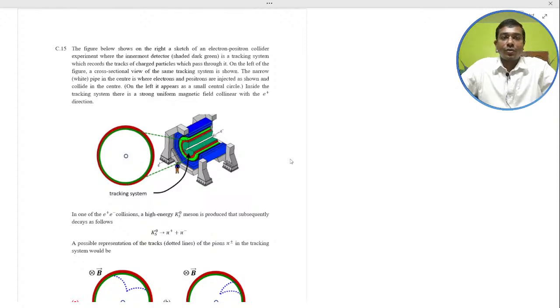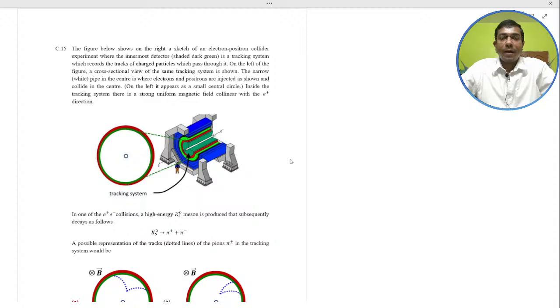The figure below shows on the right a sketch of an electron-positron collider experiment where the innermost detector is a tracking system which records the tracks of the charged particles which pass through it. On the left of the figure, a cross-sectional view of the same tracking system is shown. The narrow pipe in the center is where electron and positron are injected, as shown in the figure, and collide in the center.